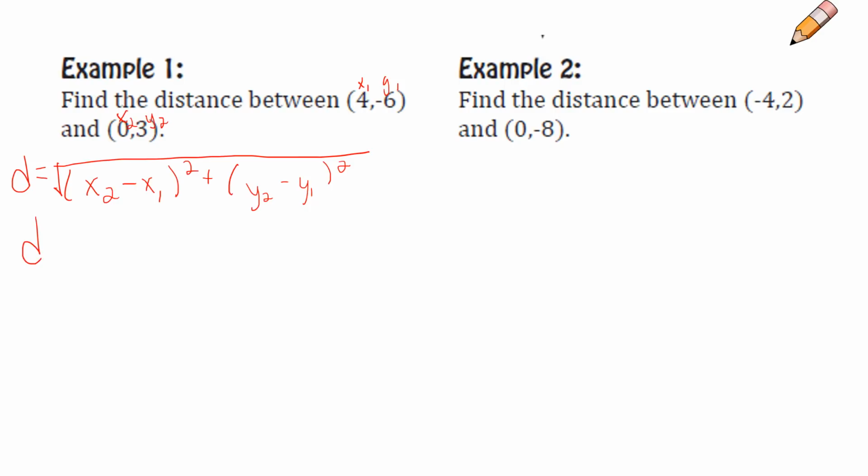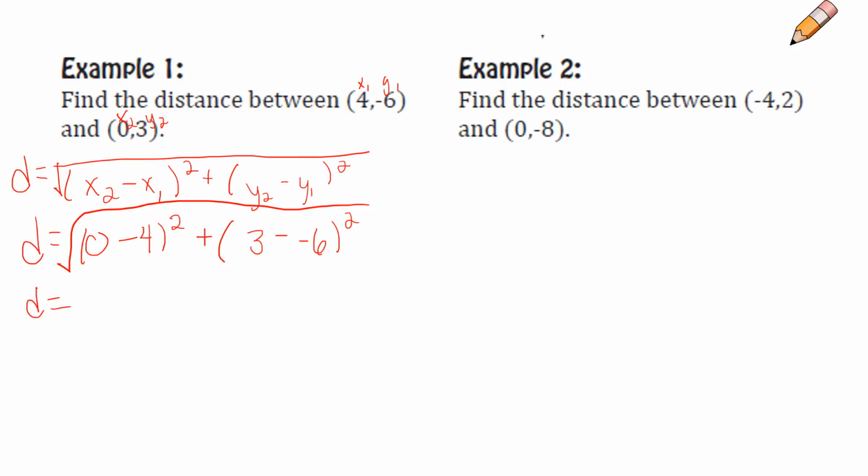So just plugging those into our formula, we said x2 was 0 minus 4, taking that quantity squared, plus we're taking y2 minus y1. So we have 3 minus a negative 6 quantity squared, and we're taking the square root of that entire thing.